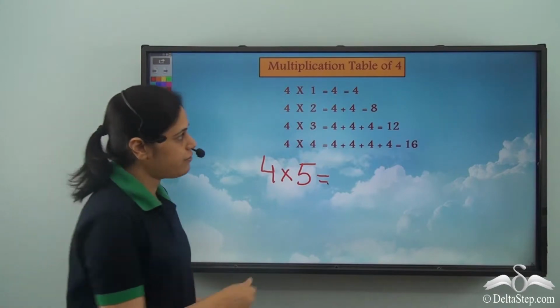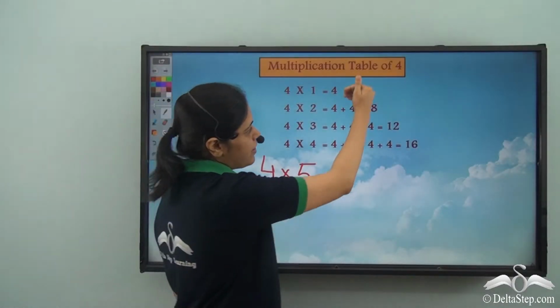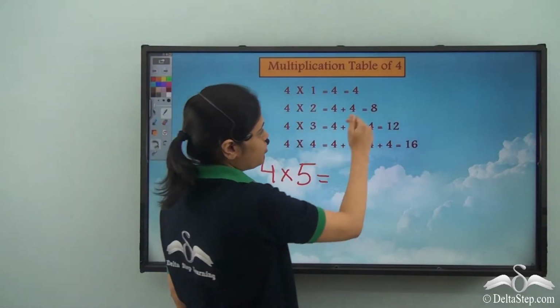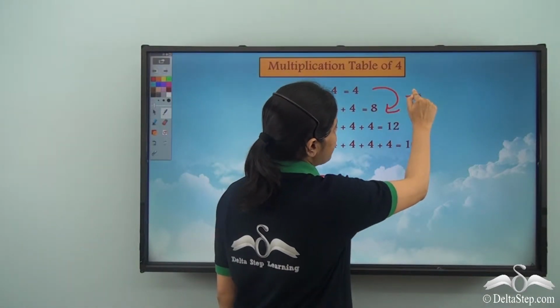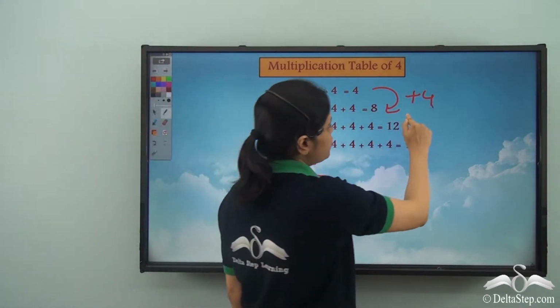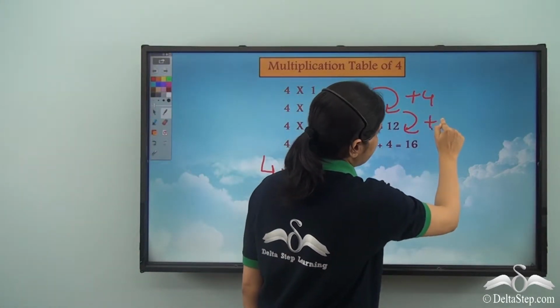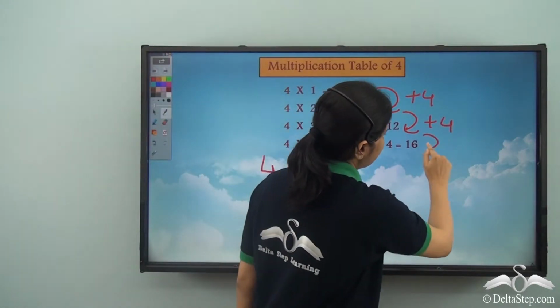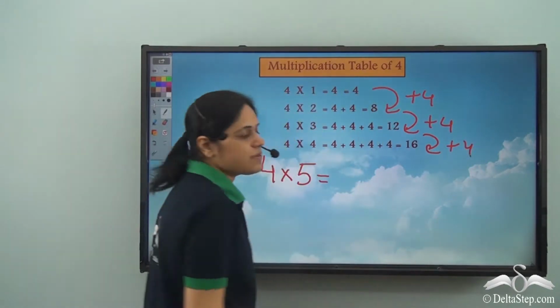Now if you observe, in each step it is increasing by 4. When you go from 1 to 2, it increases by 4. So 4 plus 4 gives us 8. When you go from 2 to 3, it again increases by 4. And similarly, from 3 to 4, it once again increases by 4.